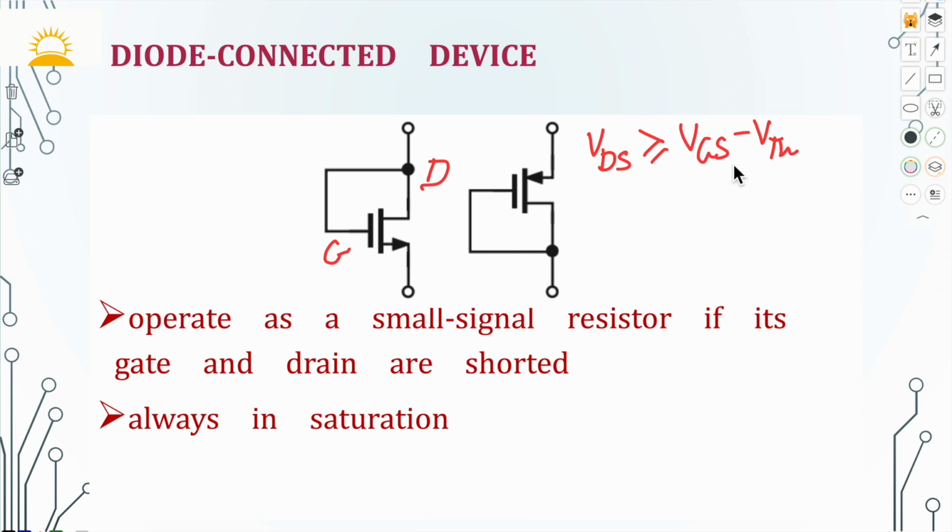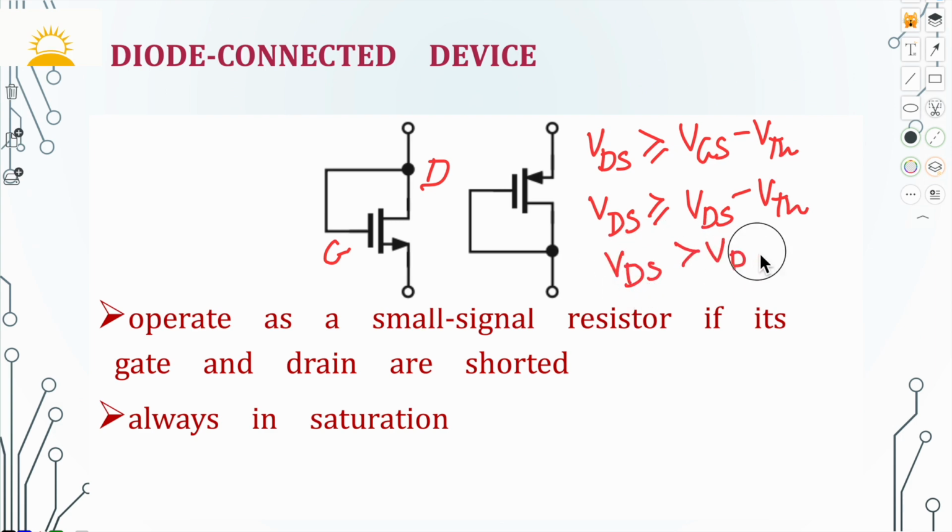Source is common, and drain and gate are at the same potential, so we can write VDS greater than or equal to VDS minus VTH. So obviously the condition of saturation is always true in this case.